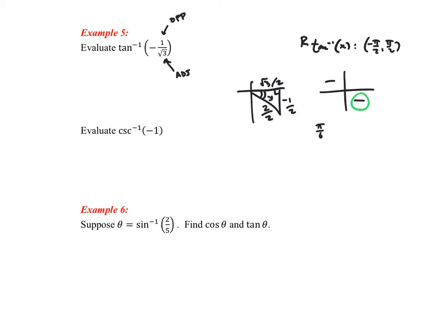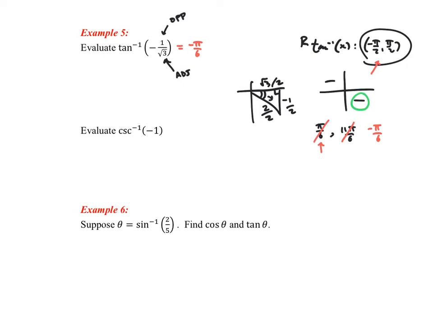Now that's the reference angle, but because we're dealing with angles between negative pi over 2 and pi over 2, you might think, well, it'd be 11 pi over 6, and that's also not true. Okay, the first one is a reference angle. The second one is the correct location, however, it's not within the range. That range needs to be satisfied, which would be negative pi over 6. Okay, now cosecant.